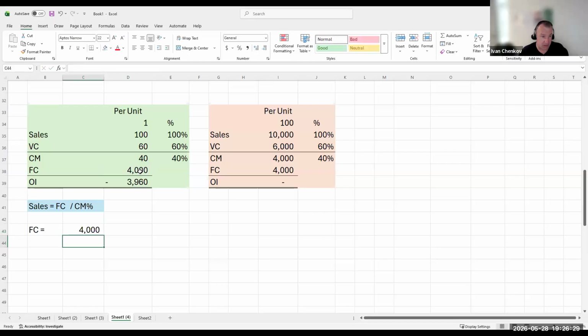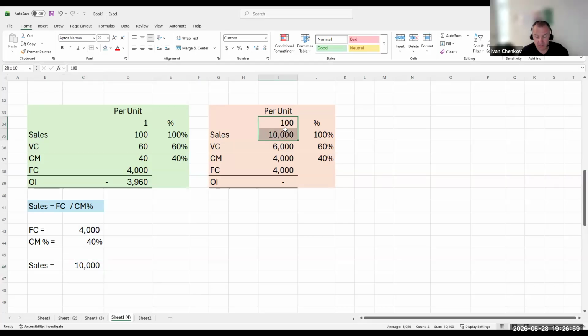My contribution margin ratio is equal to 40%. So my sales should be equal to 4,000 divided by 40%, or $10,000.